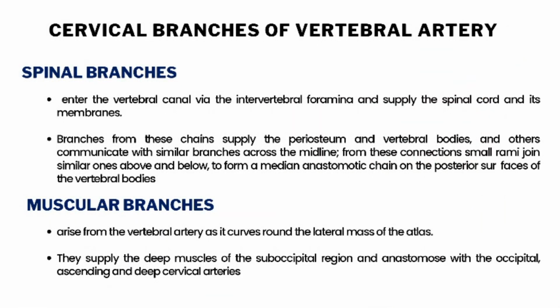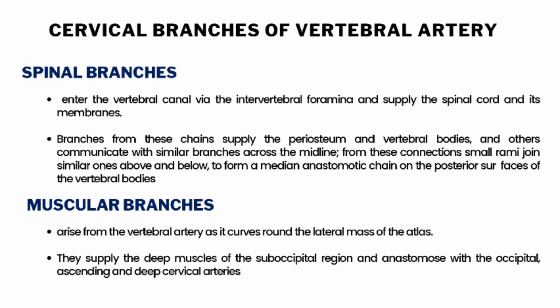There are two cervical branches of the vertebral artery. These are the spinal branches and the muscular branches. First, the spinal branches enter the vertebral canal via the intervertebral foramina and supply the spinal cord and its membranes.